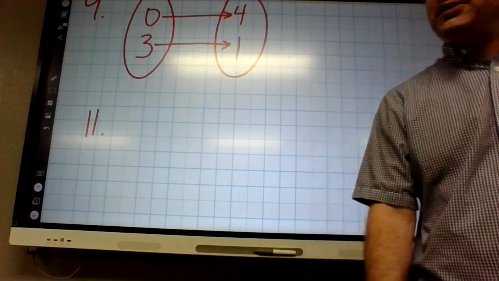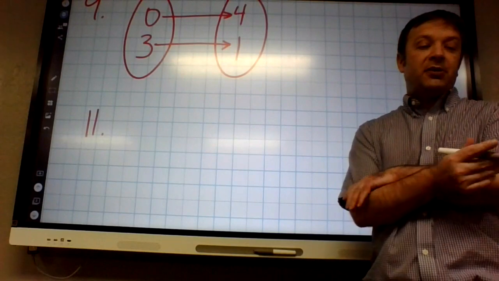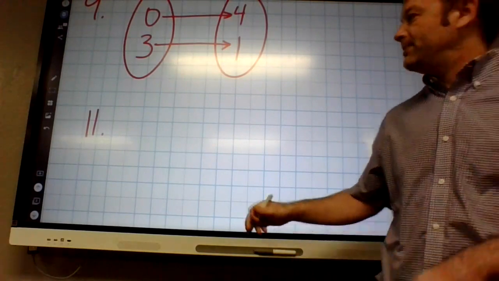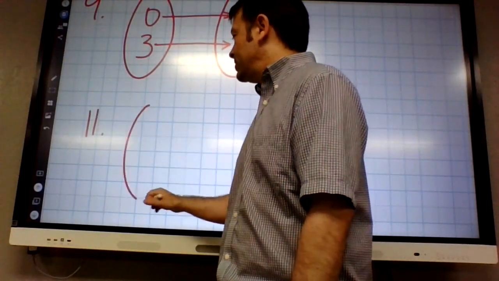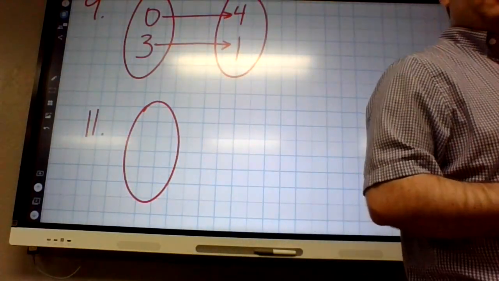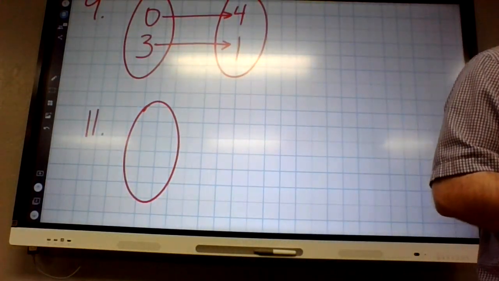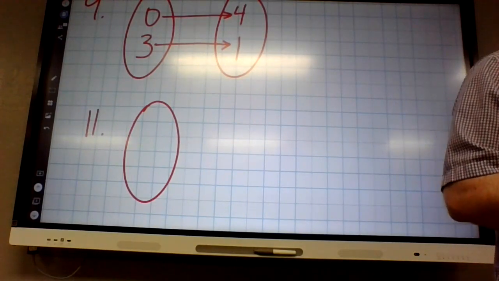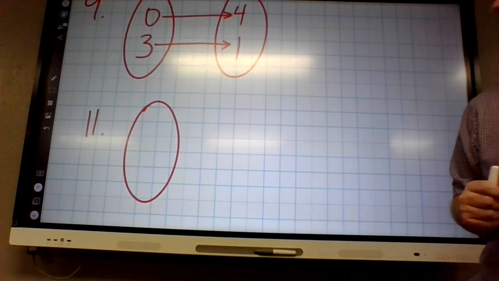Okay, number 11, this one might fool us a little bit. So we want members of the domain. Let's start on the leftmost point on number 11. What's the x value of that point on the left? -2.